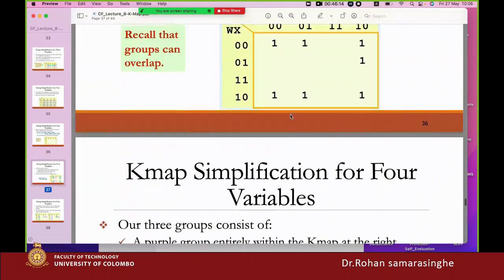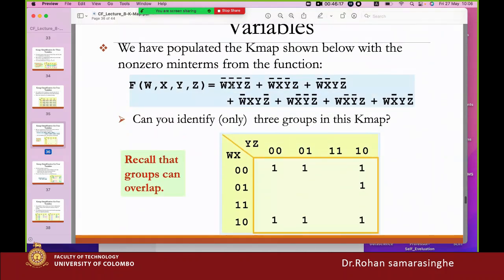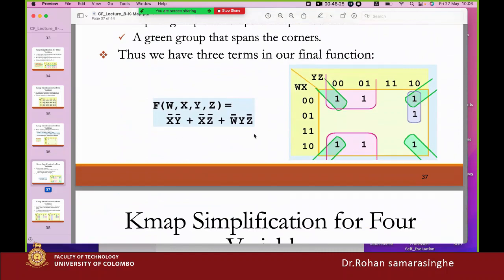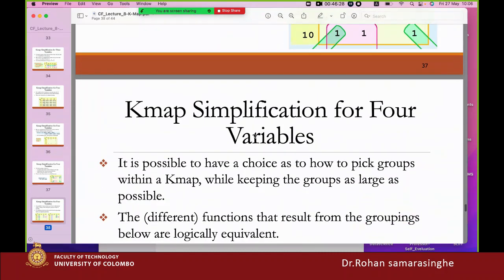Instead of this expression, these 1, 2, 3, 4, 5, 6, 7 minterms, we can get the same output from these. That's why it's the simplified version.